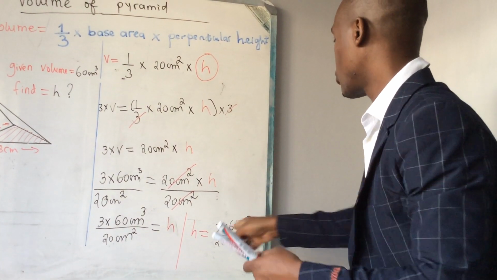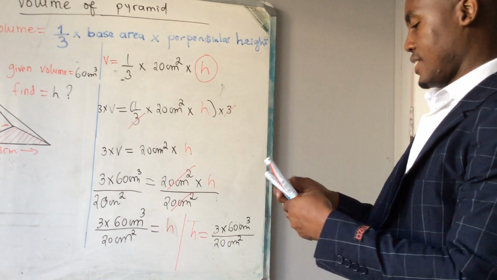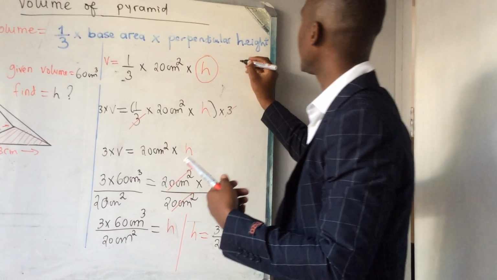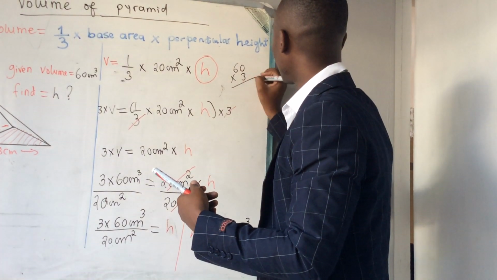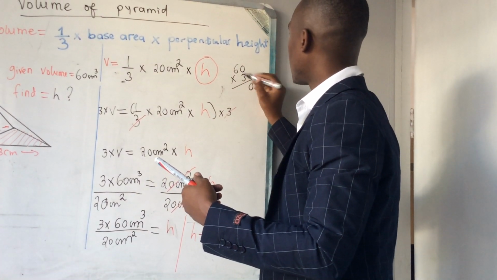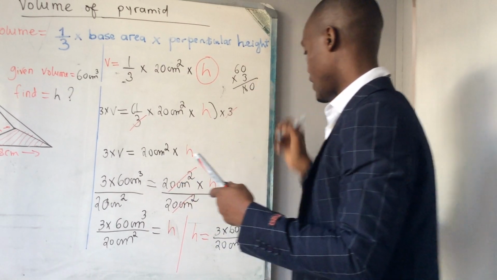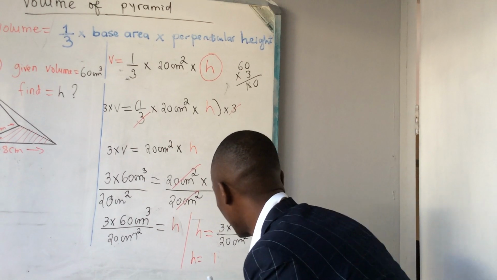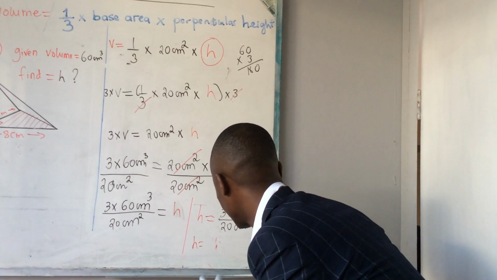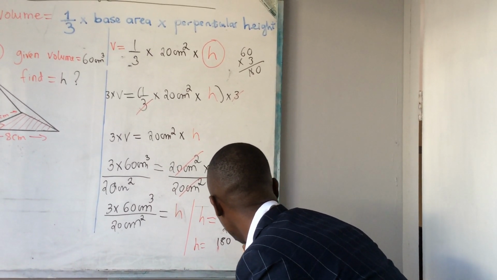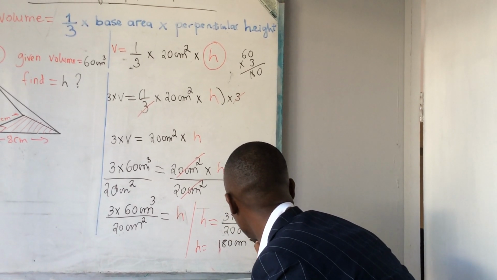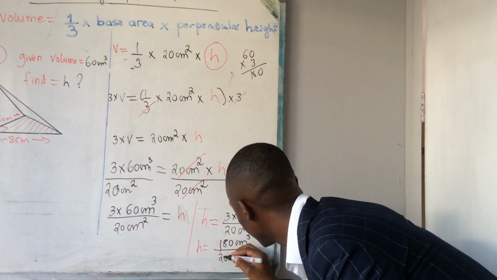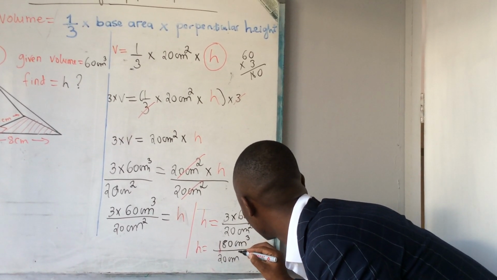Now, all we need to do is multiply 3 times 60. In this case, it gives us 180, right? If we multiply quickly, 60 times 3, 3 times 0 is 0, 3 times 6 is 18, so that's 180. So we have h equals 180 centimeters cubed over 20 centimeters squared.